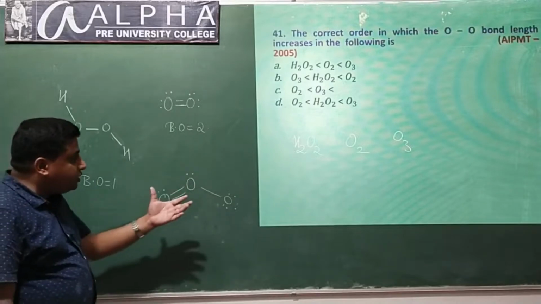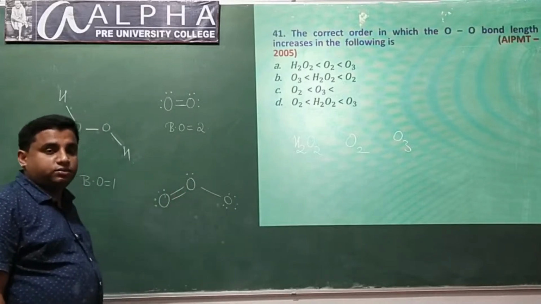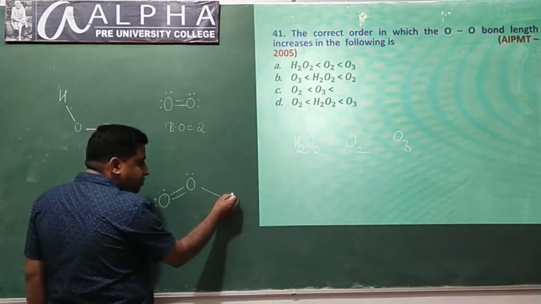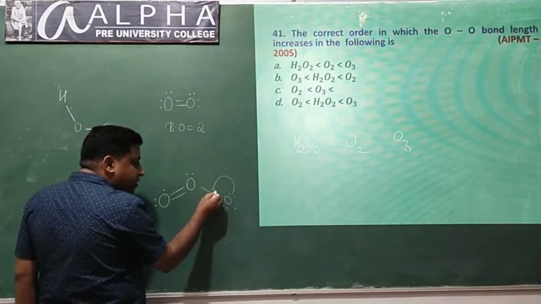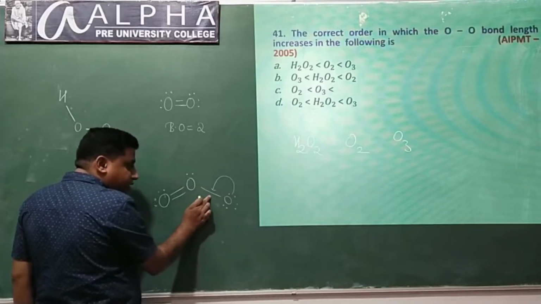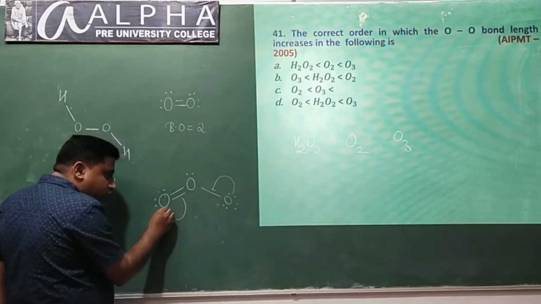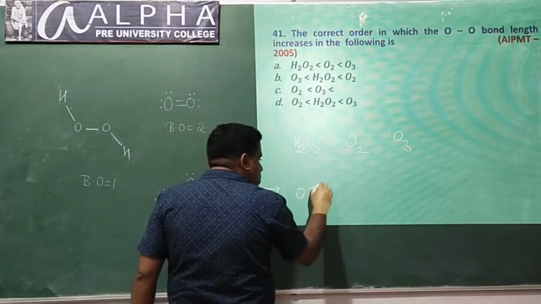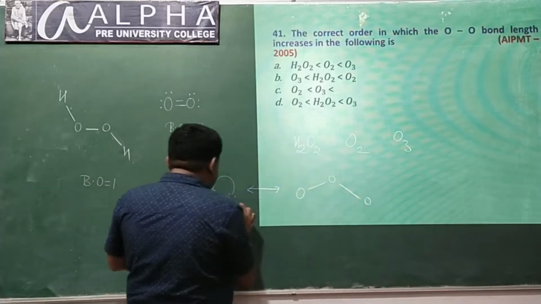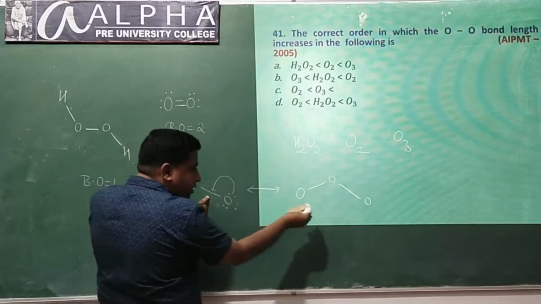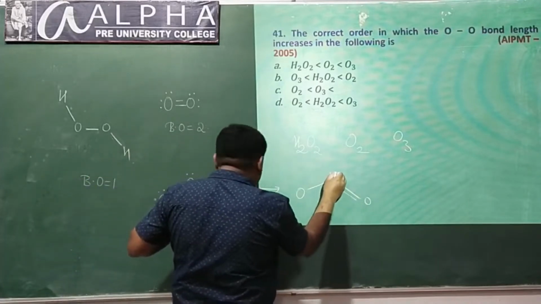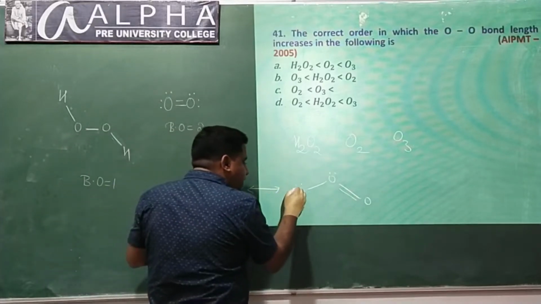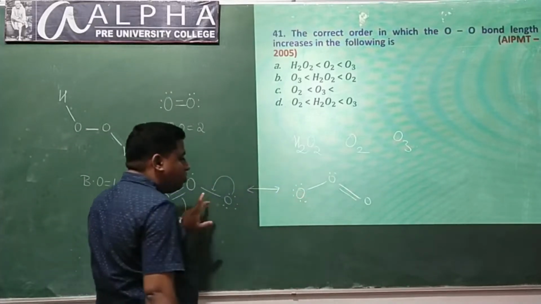No. Actually, this molecule is resonance stabilized. How is it resonance stabilized? This negative charge, this lone pair of electrons will be shifted here, and these pi electrons will be shifted to this oxygen. Therefore, the next resonating structure is going to be like this. Since this lone pair of electrons is shifted here, we will get a double bond here. This remains as such. And since these pi electrons are shifted onto this oxygen, the oxygen will get one extra lone pair of electrons.